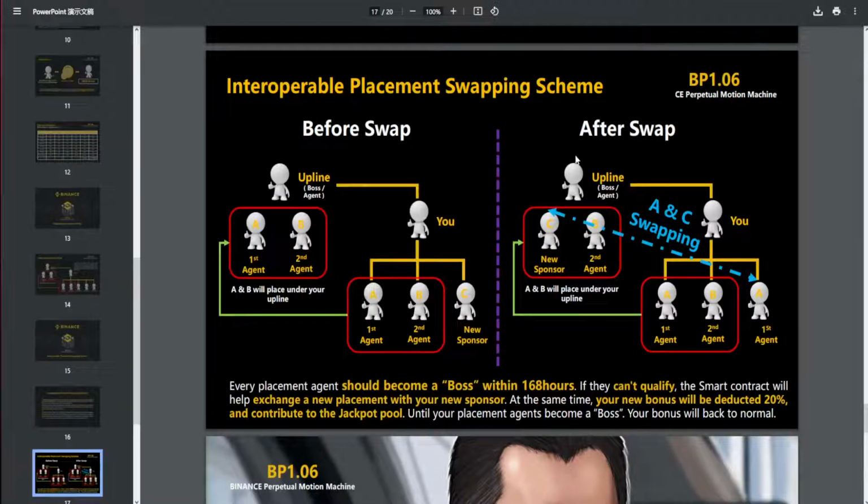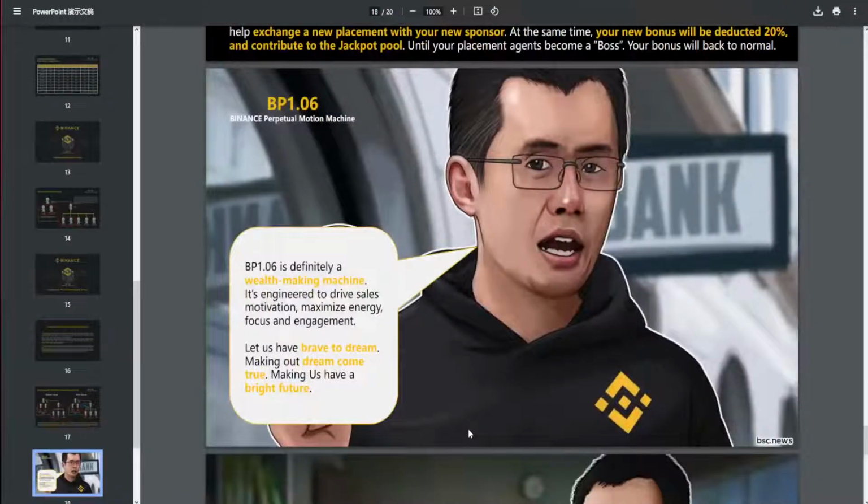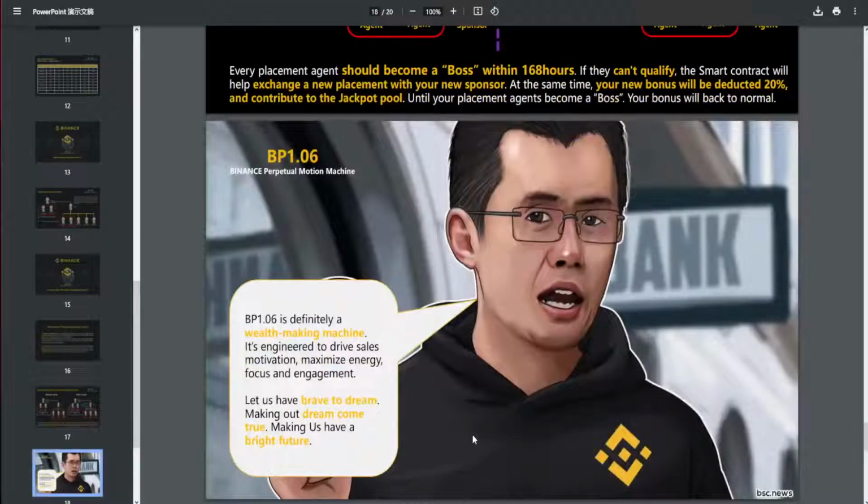But if you don't become a boss, then one of the two agents that goes under the upline boss is swapped with the newer agent, and the 20% is deducted and contributed to the jackpot pool. But when you become a boss, this is reversed, and your bonus goes back to normal. But make sure that you don't let this happen.